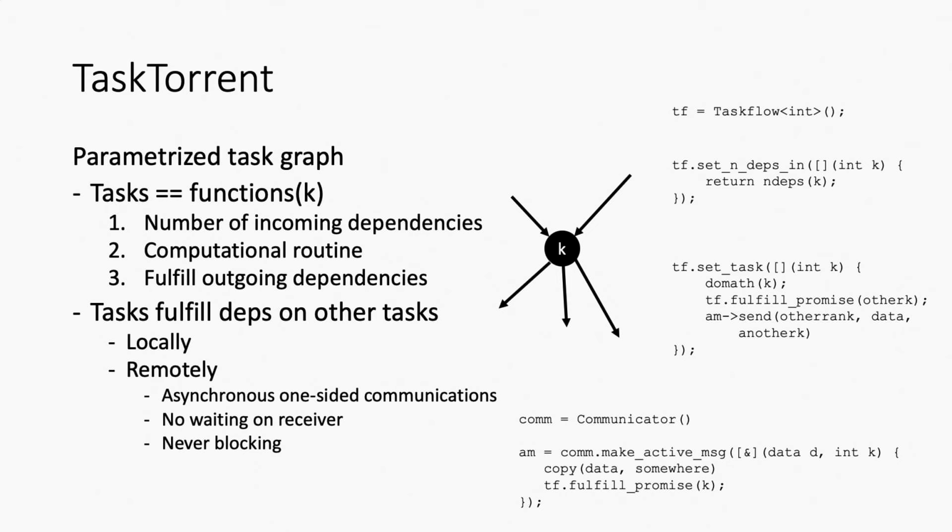When the task is done running, it triggers another task locally, and then sends a message somewhere else to trigger another task with some data. And this is all done completely asynchronously and non-blocking. On the other side, there's no one waiting. When the message arrives, the function runs, and then triggers the task.